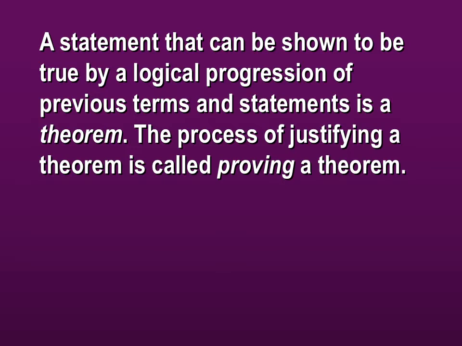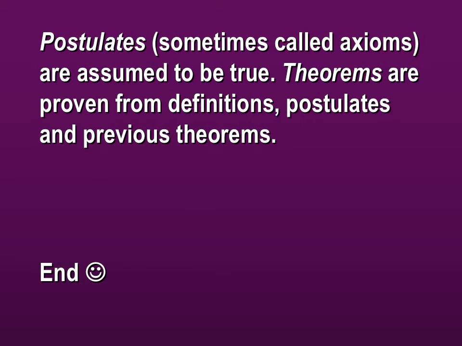The process of justifying a theorem is called proving, or proof of a theorem. Postulates, which we also called axioms, are assumed to be true. We don't have to prove them using previous theorems and previous terms. Postulates are already assumed to be true. Theorems have to be proven from definitions, postulates, and previous theorems.